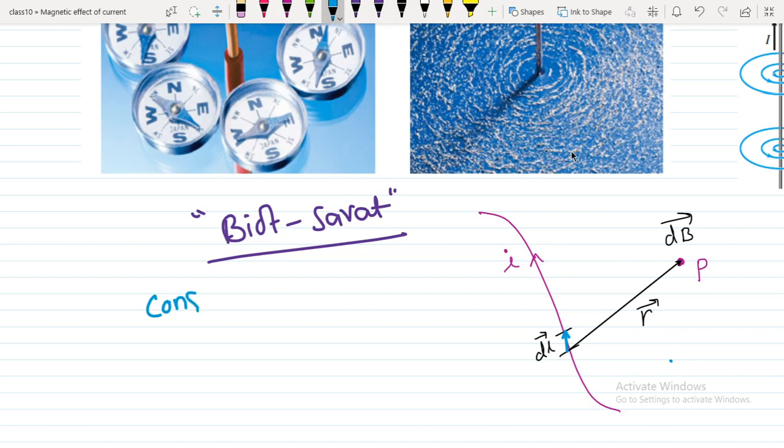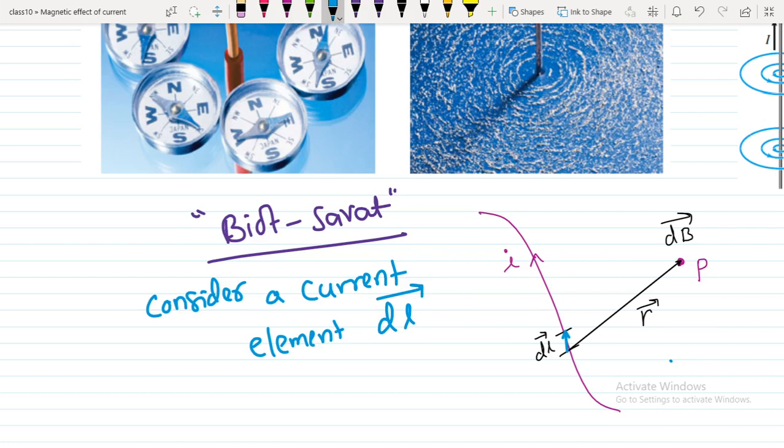So consider a current element dl bar. It is an elemental length, a vector of the current carrying conducting wire.